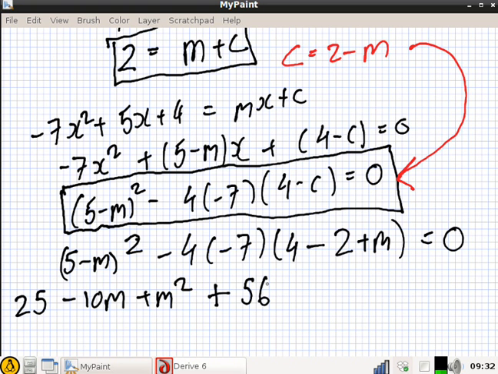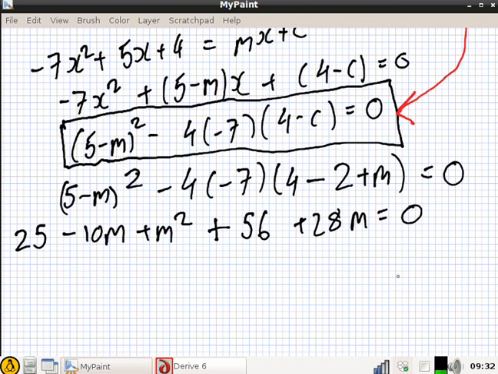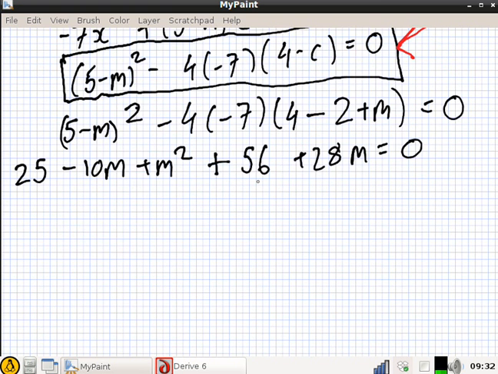So 56 plus 56, and then minus 4 by minus 7 is 28, by m is 28m, equals 0. It's not so bad, it's just a quadratic with m in it.